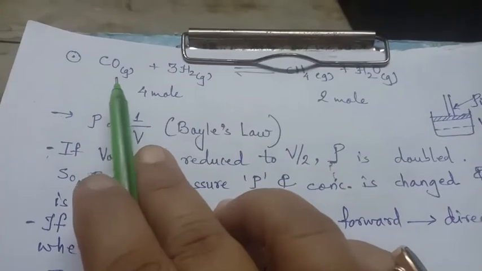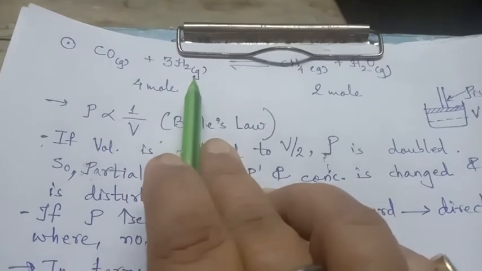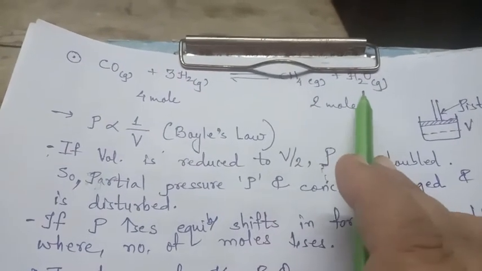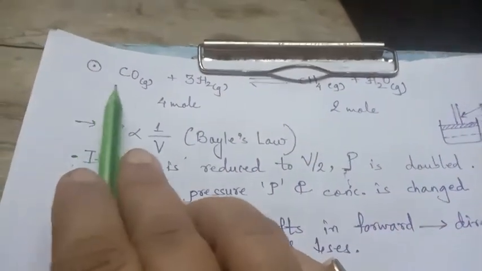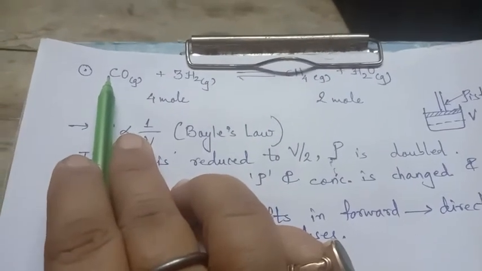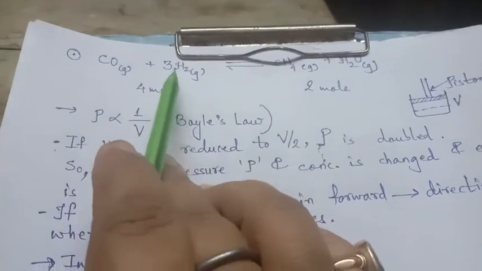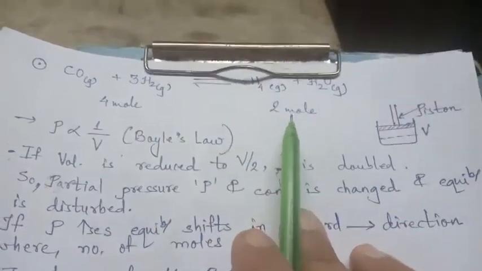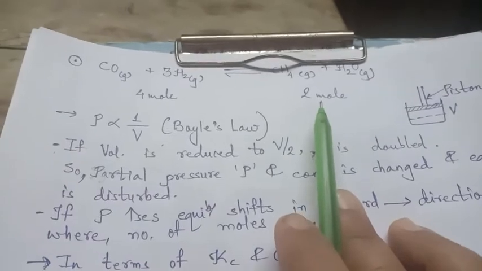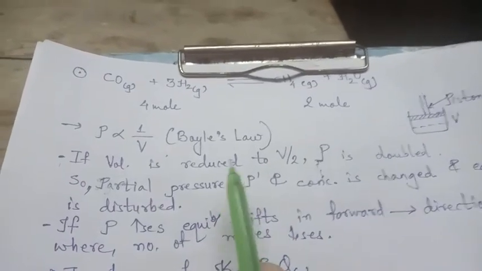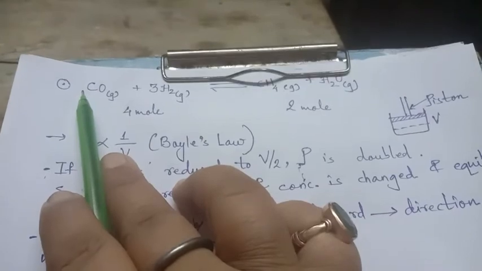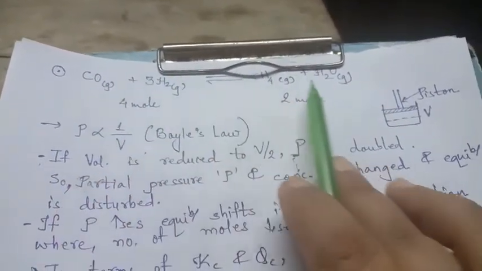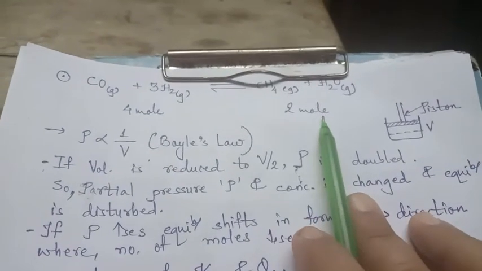let's see carbon monoxide reacts with hydrogen gas, it will give methane plus water. See the difference in the moles here: 1 mole plus 3 moles, 4 moles, and here you can see 1 mole plus 1 mole, that is 2 moles. So the number of moles on the reactant side is 4 and on the product side it is half, right?